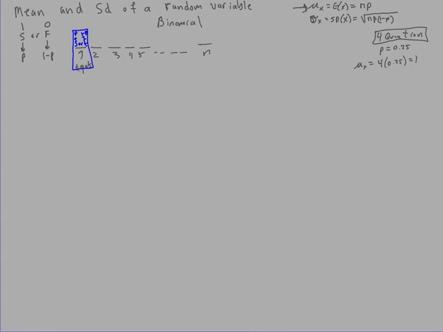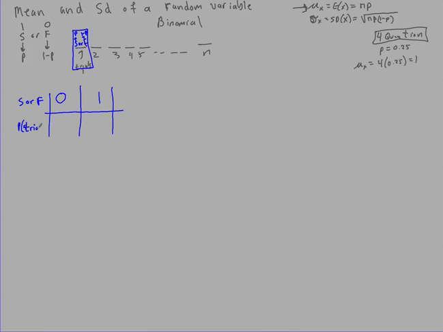So let's look at a probability model for a Bernoulli trial. You have 0, which is a failure, and you have 1, which is a success. This is a probability model: this is a success or a failure, and this is the probability of the trial.